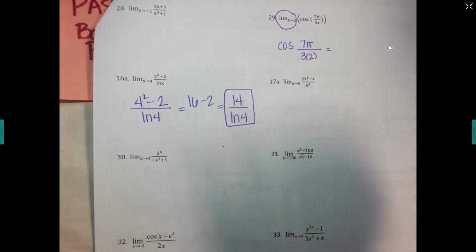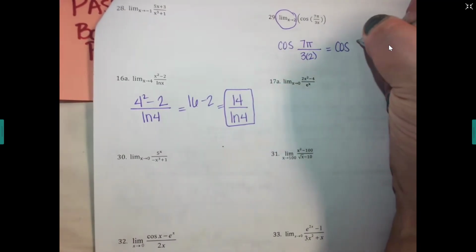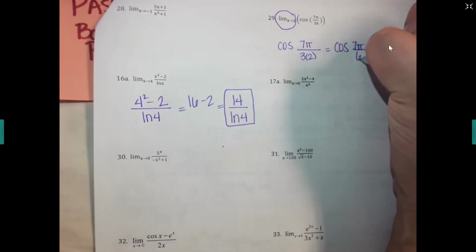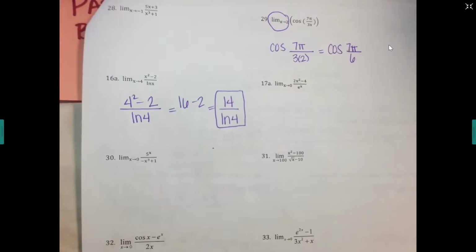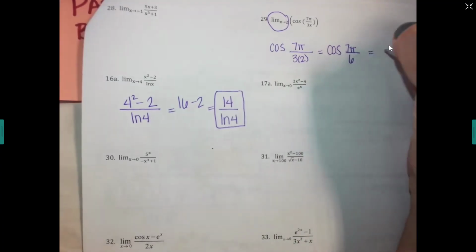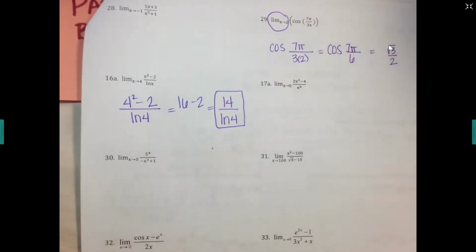So if that's a 3 times 2, that's really the cosine of 7 pi over 6. Which finger is your pi/6 finger? Ring finger, cosine's up or down? So I have 3 fingers, so it's √3/2.